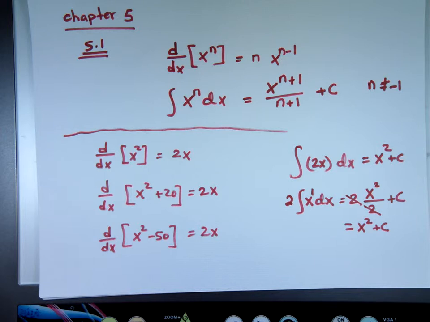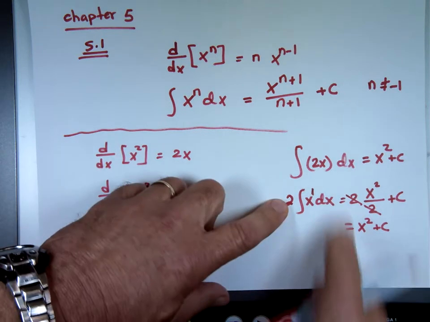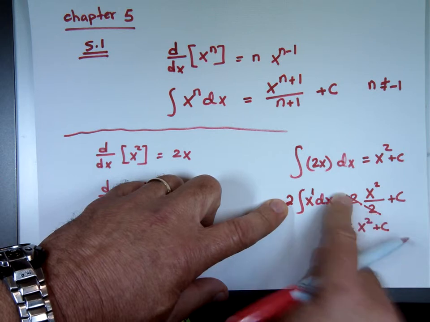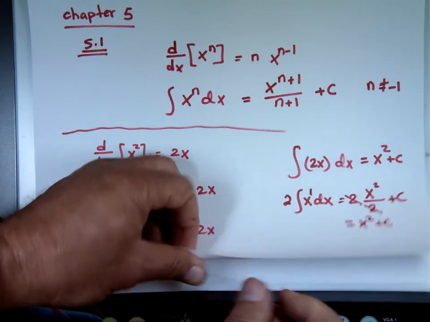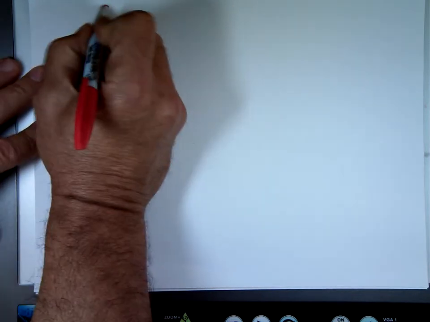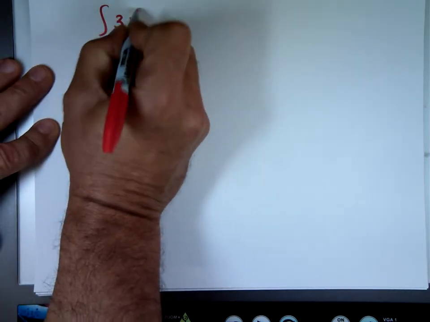Good. Do they always cancel out, like when you multiply by 2 and then divide by 2? Oh, in this case. But I could have something like this. I know what he's saying now. What if I have the integral of 3x to the fourth dx?